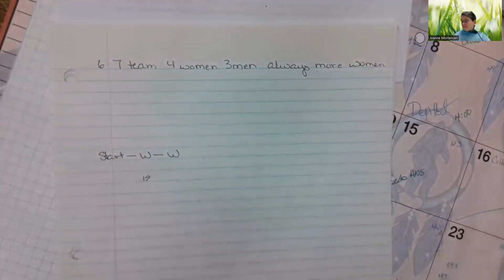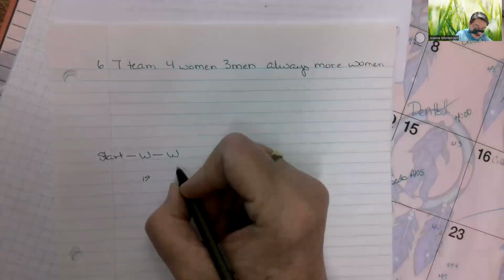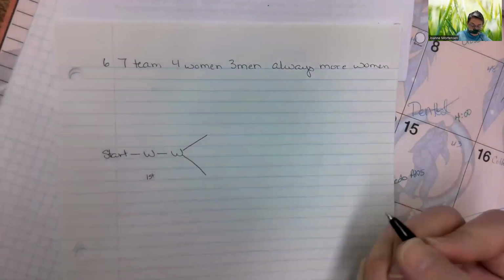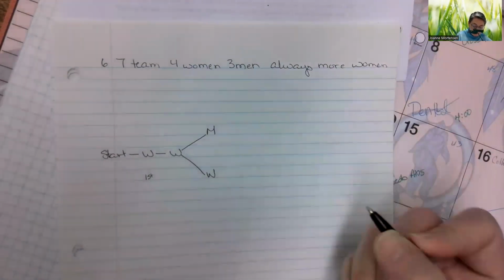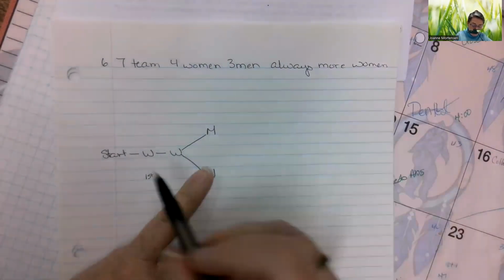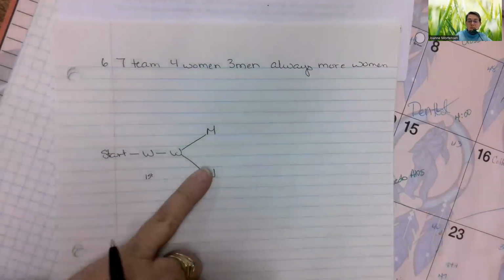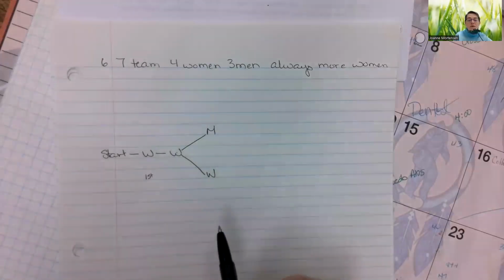So, I've got my answer key over here just in case it gets weird. Once I've gone this far, now I can actually make a choice. I could have a men's team or I could have a women's team. Because if I follow my path, I have 2 women and a men's team. We outnumber the men. Check. If we go this way, yes, we're still outnumbering the men.